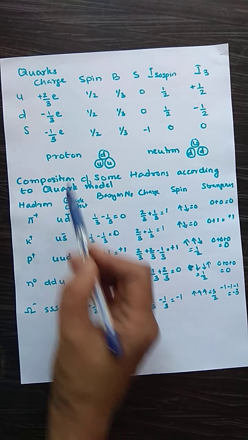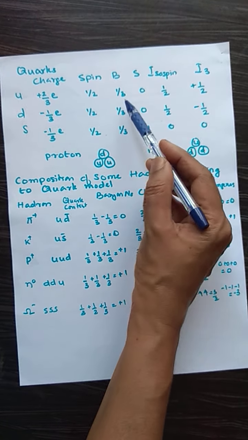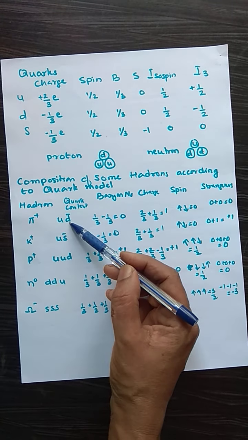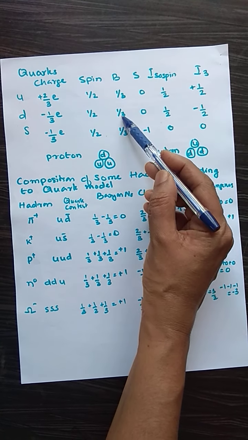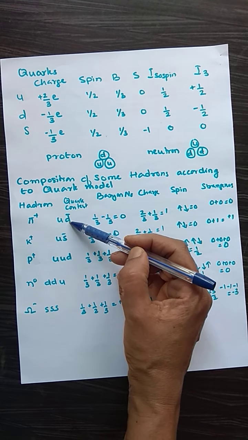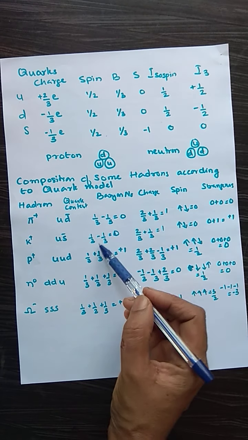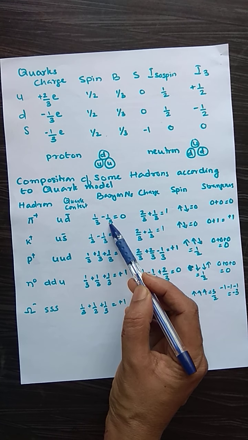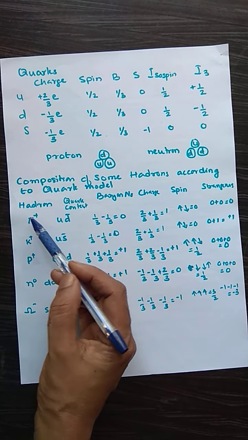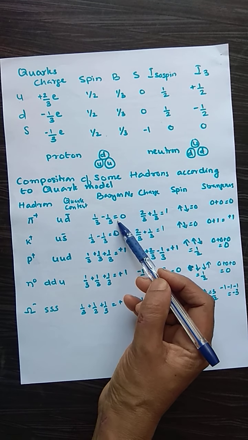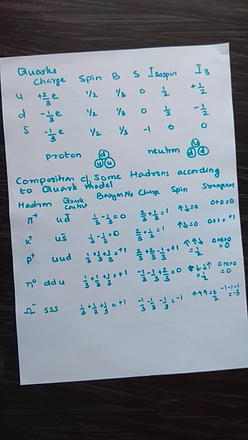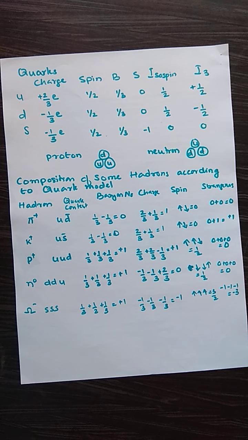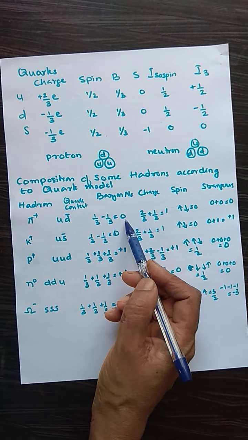You substitute the value for U, baryon number 1 by 3. For D, baryon number is 1 by 3, so anti-D quark baryon number will be minus 1 by 3. So 1 by 3 minus 1 by 3 is 0. That means pi plus meson has baryon number 0. Definitely we should get baryon number 0 because a meson is not a baryon.